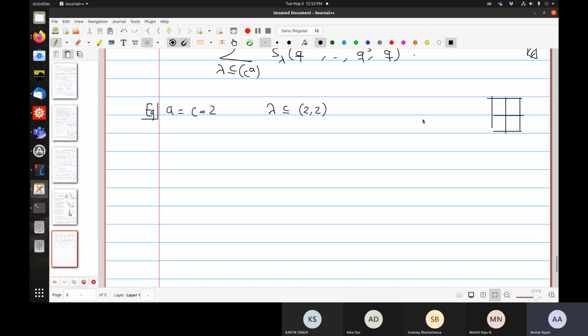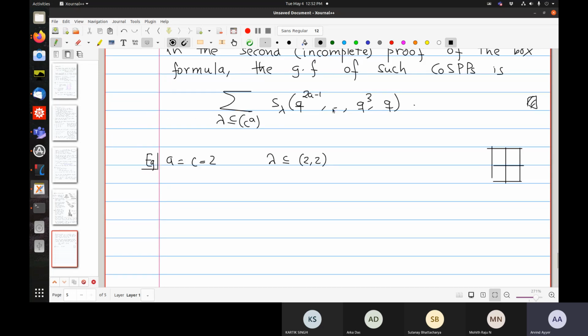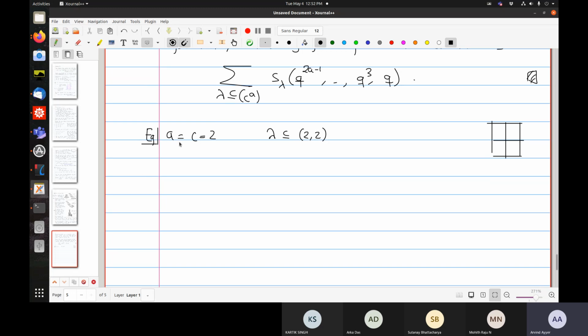We want all partitions sitting inside it, and we want A variables. So we want to evaluate S lambda of Q and Q cubed. Okay, so let me tabulate.